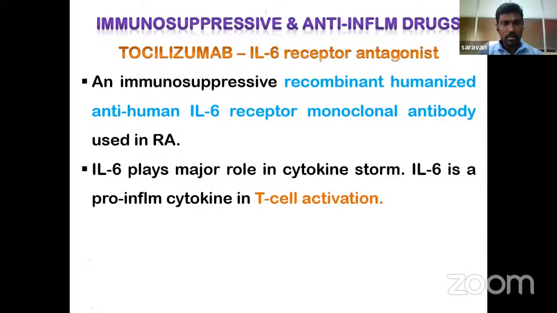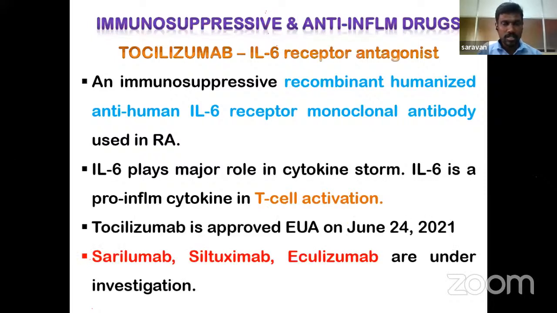So tocilizumab, by inhibiting the interleukin 6 receptors, causes a decrease in the severity of the disease. Tocilizumab was approved for emergency use authorization in the management of COVID-19 infection. The other drugs in clinical trials are sarilumab, siltuximab, and esulizumab.